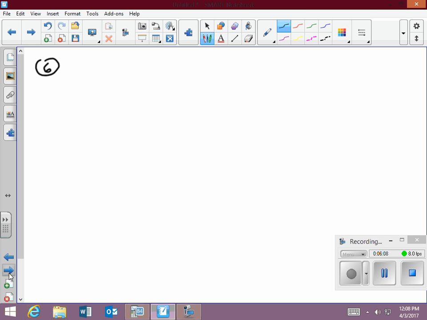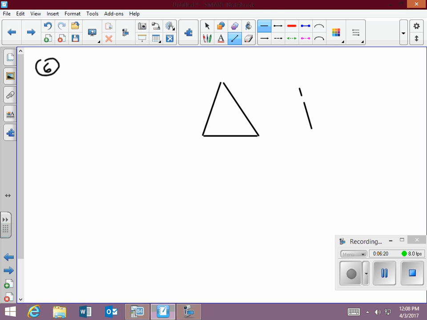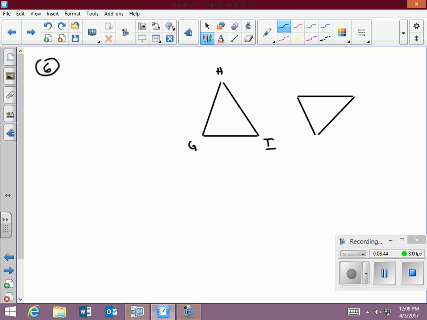Now in 6, what they have is this one, G, H, I, and this one, K, L, J. And then they show this angle congruent to this angle, this side congruent to this side, and this side congruent to this side.